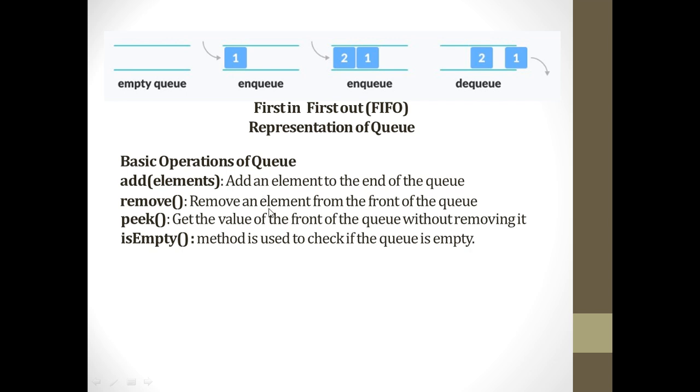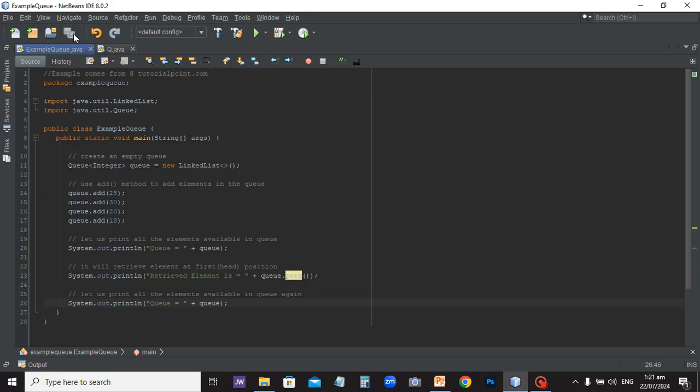So there are also many methods in doing a queue. I did not include all of the methods that are used in a queue, but you can check them on tutorialspoint.com.